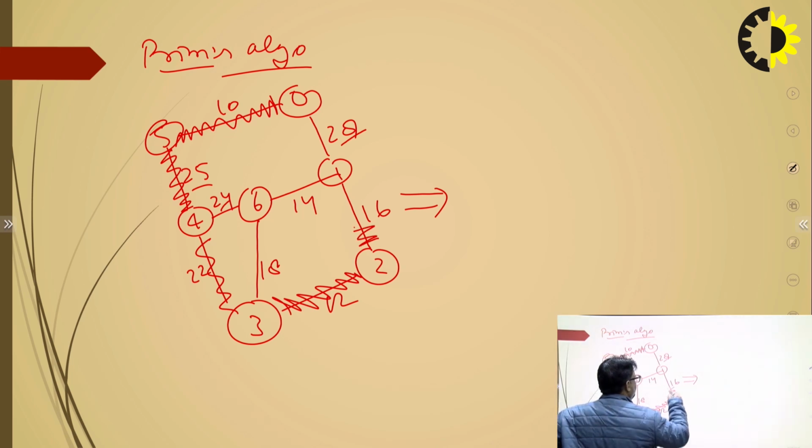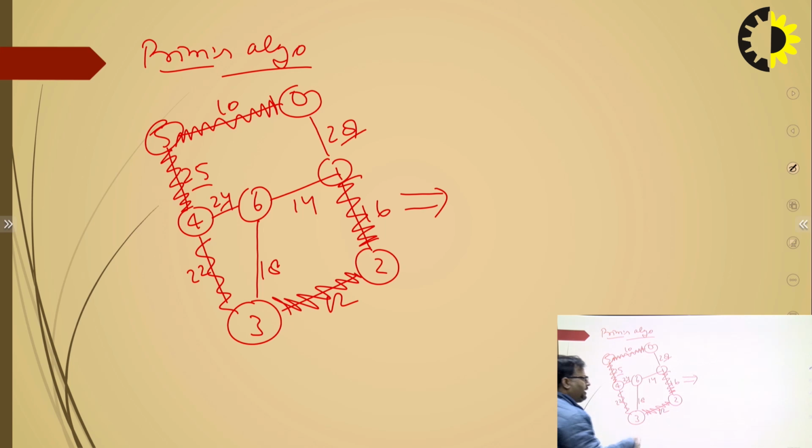The minimum value is 16. Again we consider 1 to 6 is 14, 3 to 6 is 18, 4 to 6 is 24, and 0 to 1 is 28. What is the minimum value? The minimum value is 14.